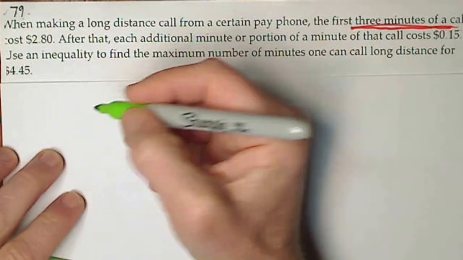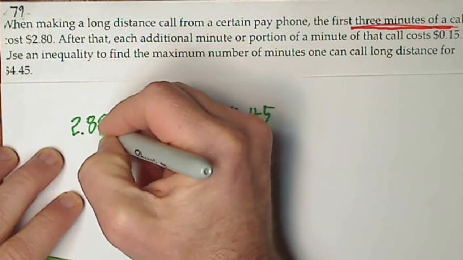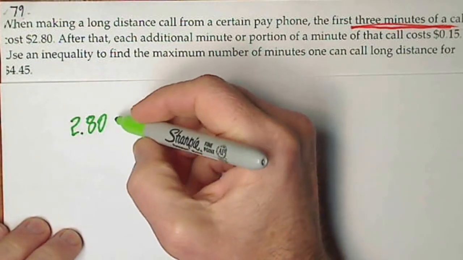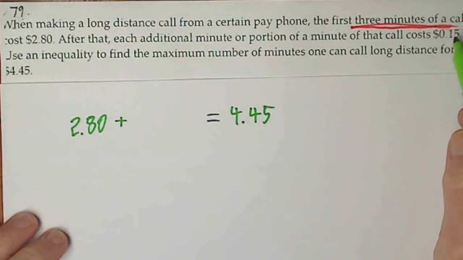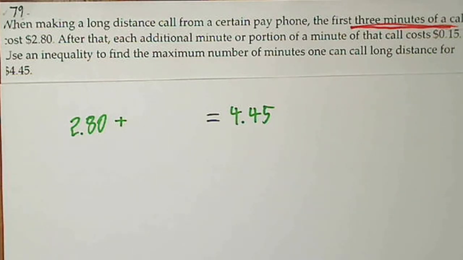So here's what you're spending. You always spend that $2.80, okay? But there's more. So to that, we're going to add, this is where our variable comes in. We're going to find out how many minutes, okay?